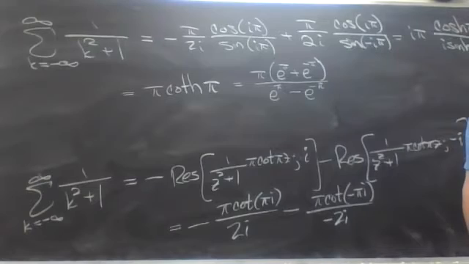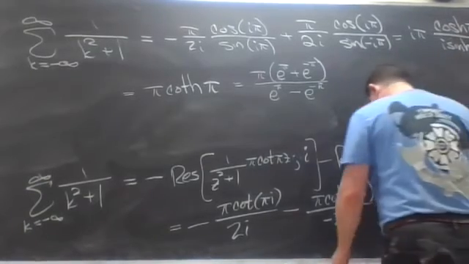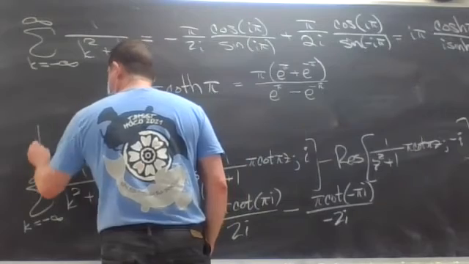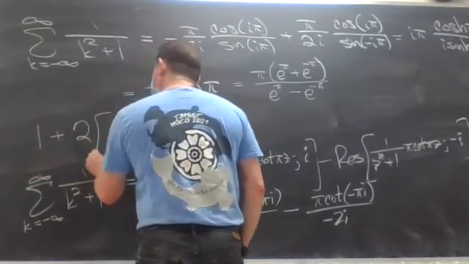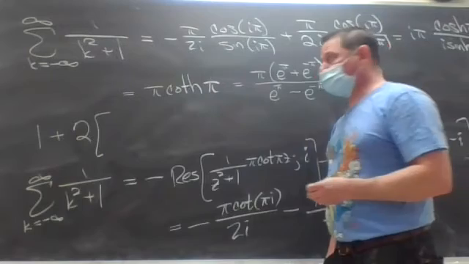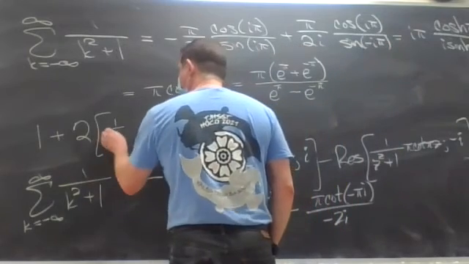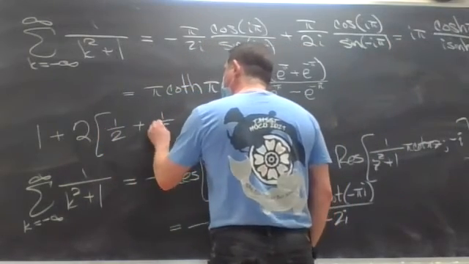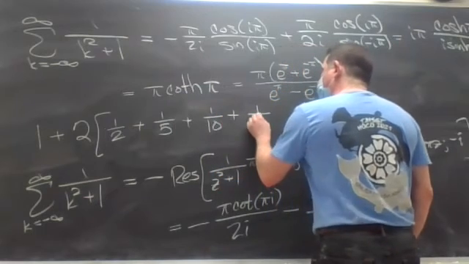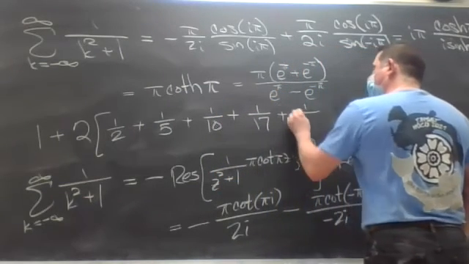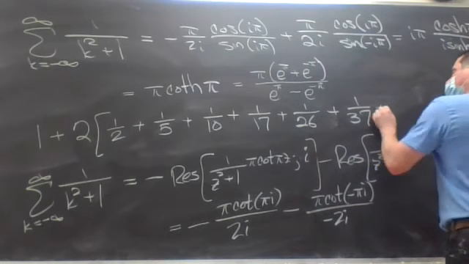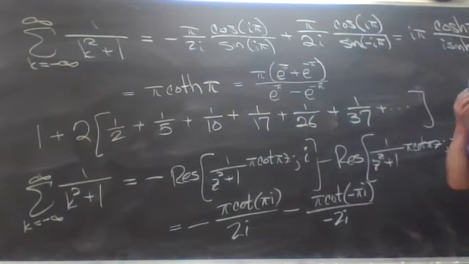Seems kind of strange that a simple series like this one, think about what this is. k equals 0, 2 times all the other integers because I get positive and negative. When k equals 1, when k equals 2, when k equals 3, when k equals 4, when k equals 5, when k equals 6, and so on and so forth.